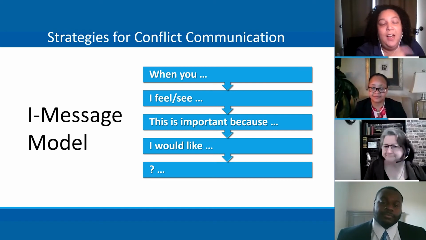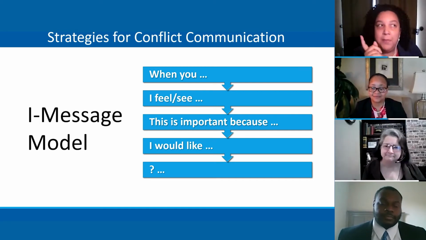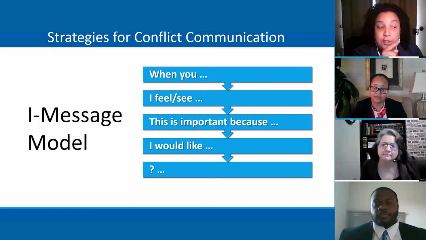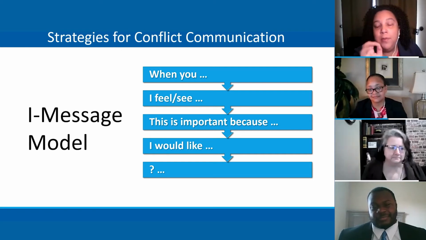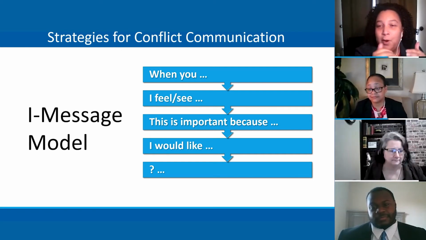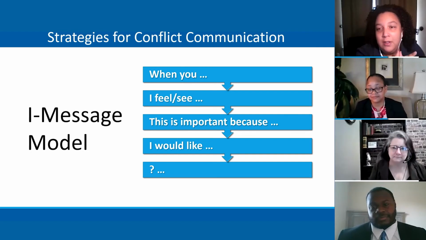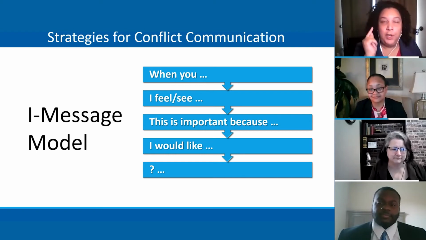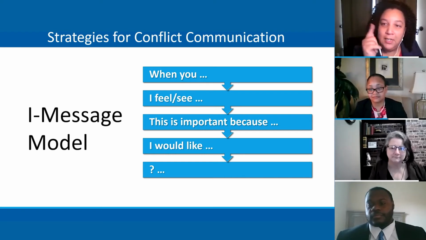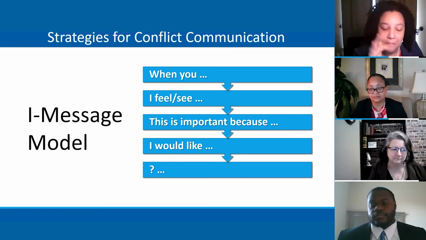What I really love about the iMessage, and I just learned about it when I started with State Civil Service, is that it gives important information quickly, clearly, and in a way that encourages that other person to help you find a solution. And it removes it from being so accusatory, like you did this, you did that, in an attacking manner.